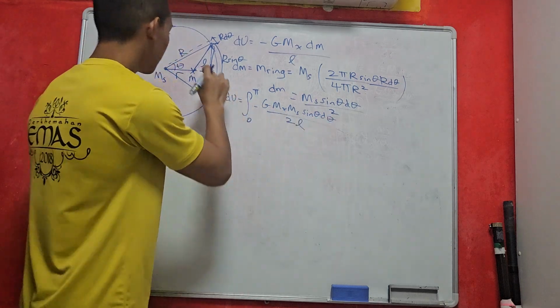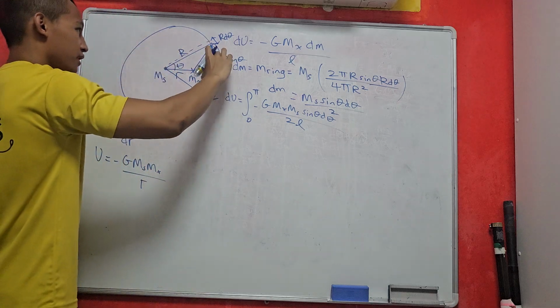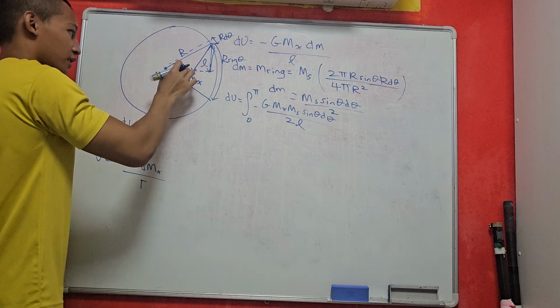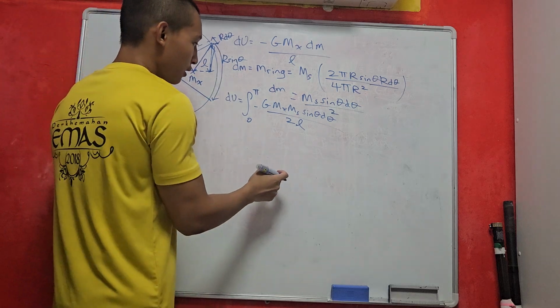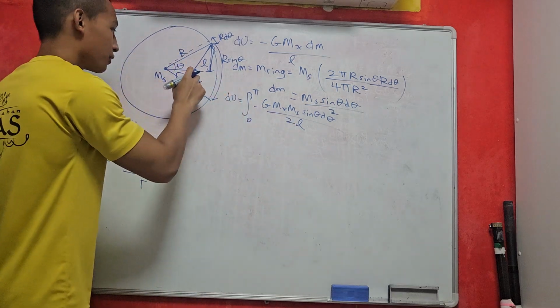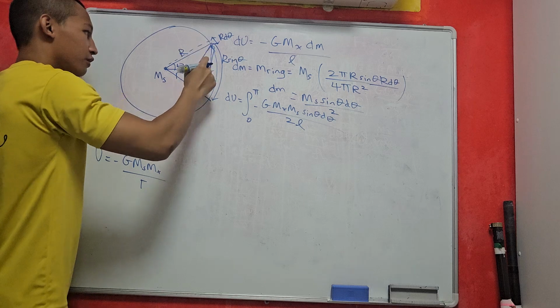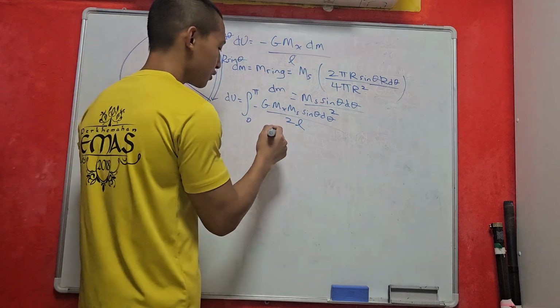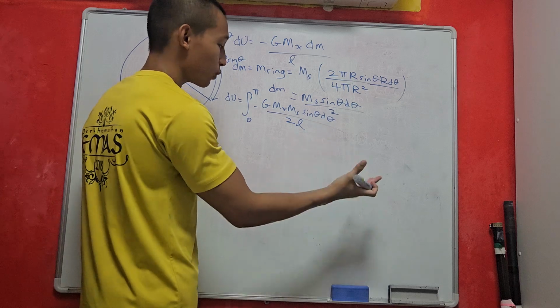But if you take a look at this expression, there are two changing variables. First is theta. Theta is always changing. As I move the ring to here, theta will increase, right? And I also have L, the distance between the object and the ring itself. It always changes. Therefore, I have to find a way to make this based on just one variable.